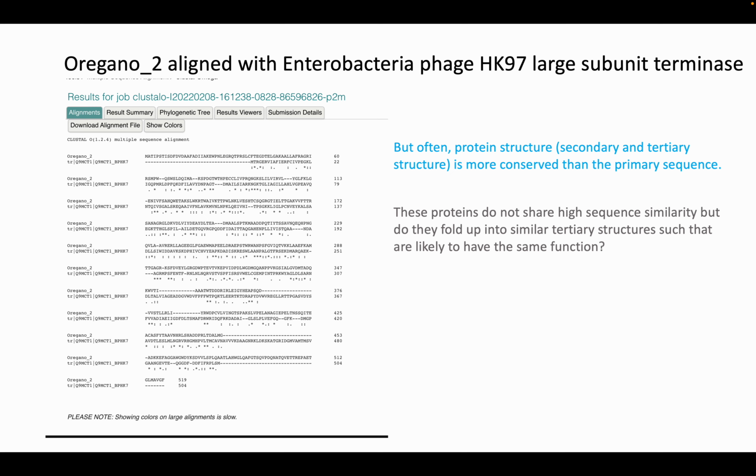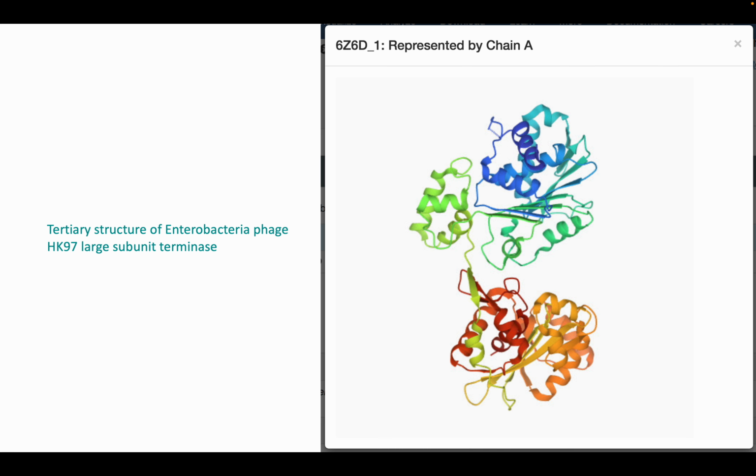So how do we learn what the tertiary structure is of Oregano GP2? Let me first refer you back to the structure of the HK97 large subunit terminase that we looked at before. It has this particular three-dimensional structure, and somebody has determined what's called the crystal structure.